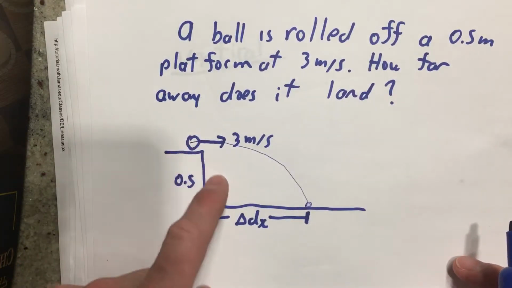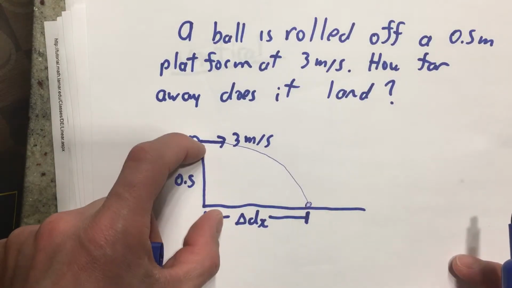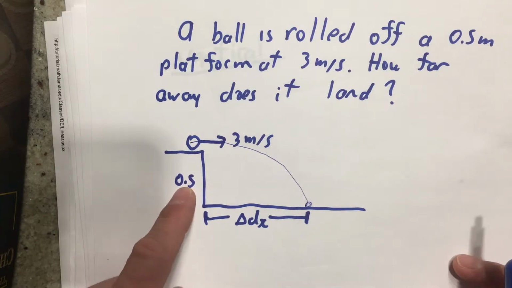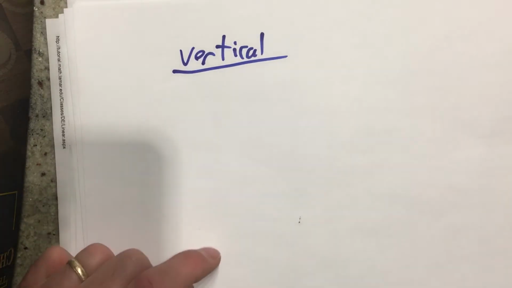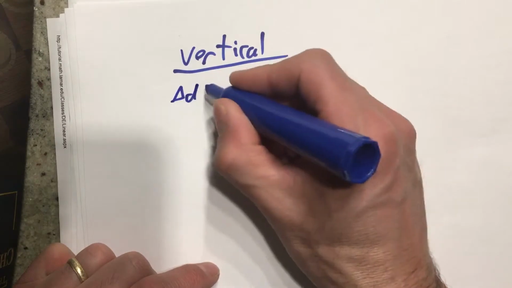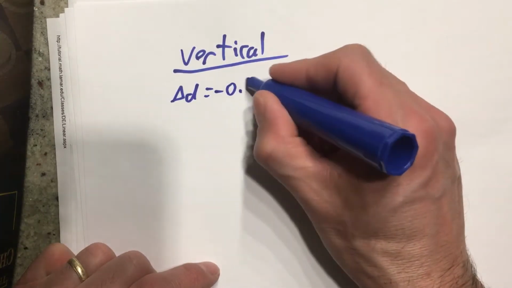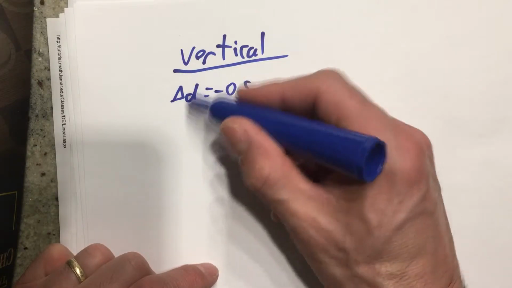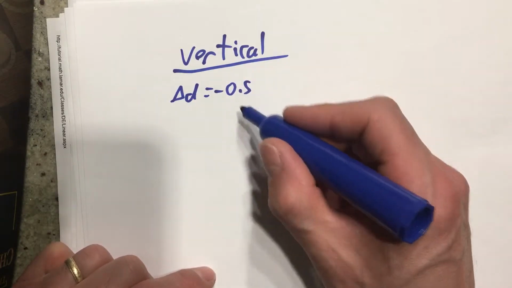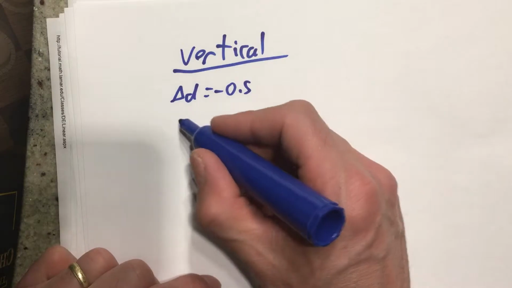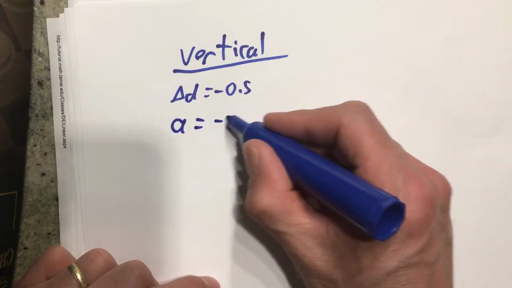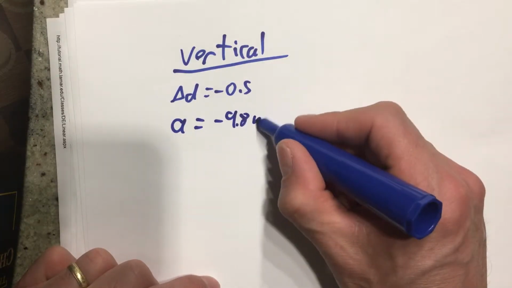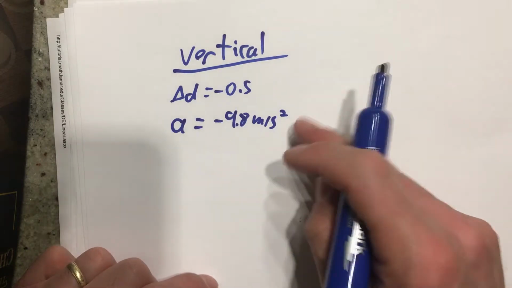Vertically, as the ball falls from here down, its displacement is negative 0.5 meters. Now again, if I didn't label that vertical, I'd put a little y here so that I know that that means vertical. Our displacement's negative 0.5 meters. Our acceleration is negative 9.8 meters per second squared.